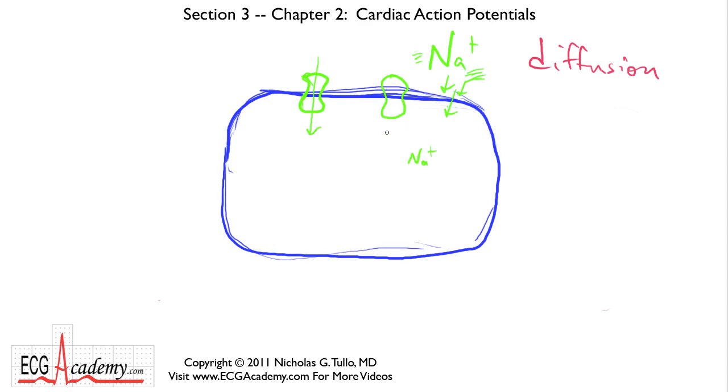It actually uses energy to pump sodium out to maintain this high sodium on the outside and low sodium on the inside. And at the same time, potassium gets pumped into the cell so that it maintains a high concentration of potassium inside the cell. And the cell uses energy to do that. That's why you need energy to run and to jump.